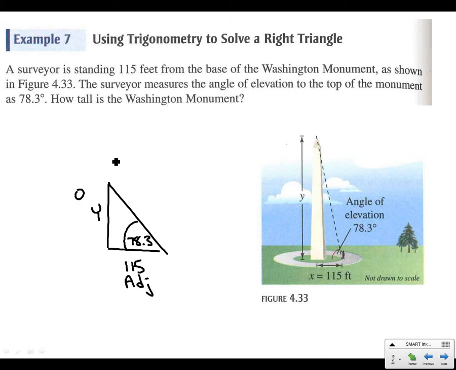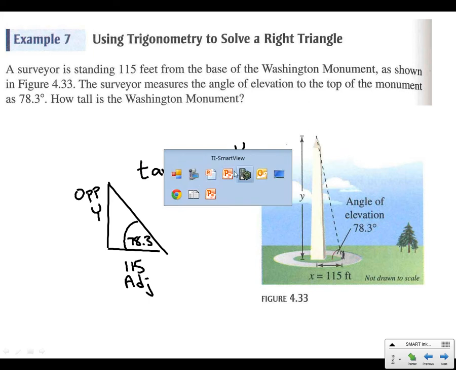Y is an opposite side. Which trig function uses adjacent and opposite? If you said tangent, you're right on the money. So the tangent of 78.3 equals opposite y over adjacent 115.